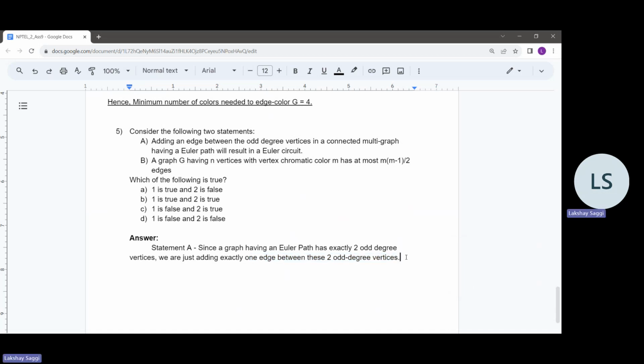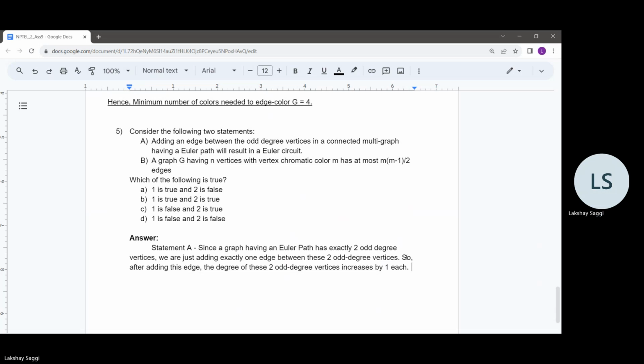So after adding this edge, the degree of these two odd degree vertices increases by one each. Let's say one had a degree of 3 and one had a degree of 5, both had some odd degrees.